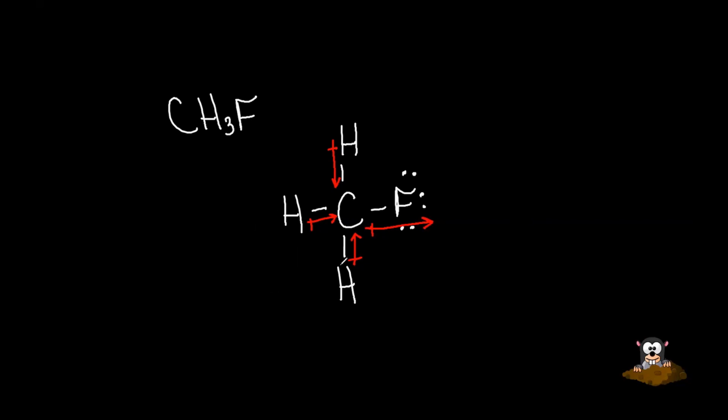Now, looking at these dipoles right here, we can see how these ones that are going in opposite directions are going to cancel out. But these ones, since they're going in the same direction, they would add up. And the net dipole is going to be going in that direction. If we have a net dipole, that means that we are going to have a polar molecule.